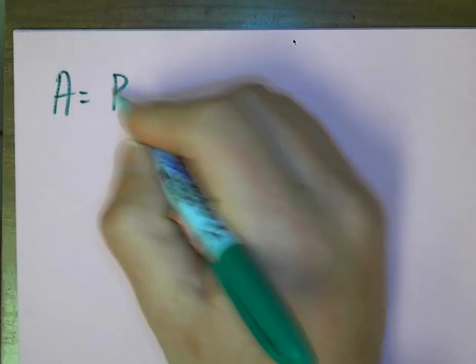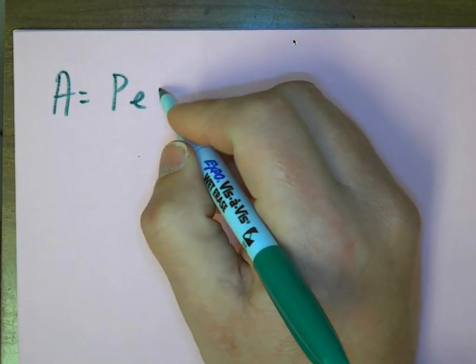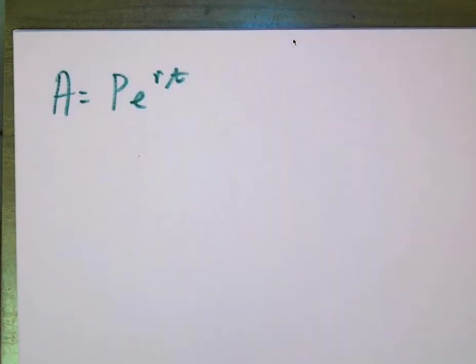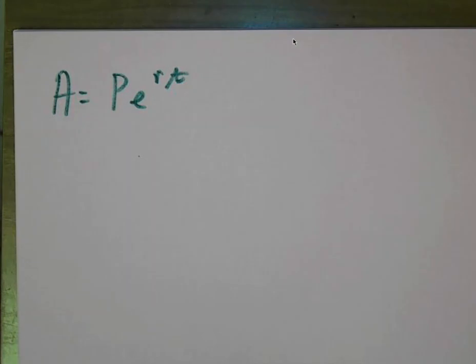That's P e to the rt. If they say that it grows continuously, you're going to use that. P is your starting value, e is the number on your calculator, r is the rate as a decimal, and t is time.